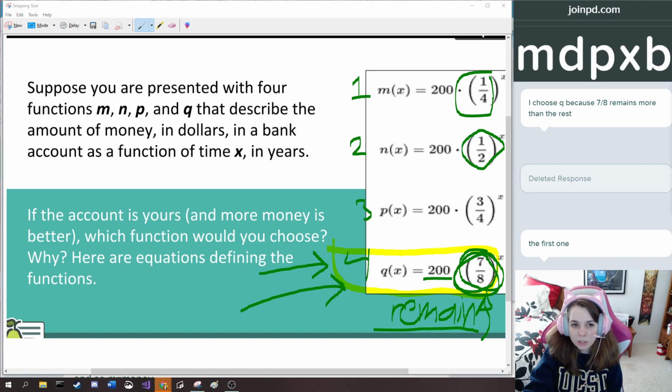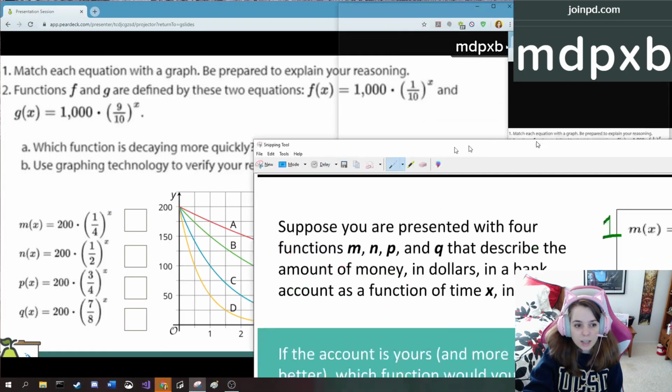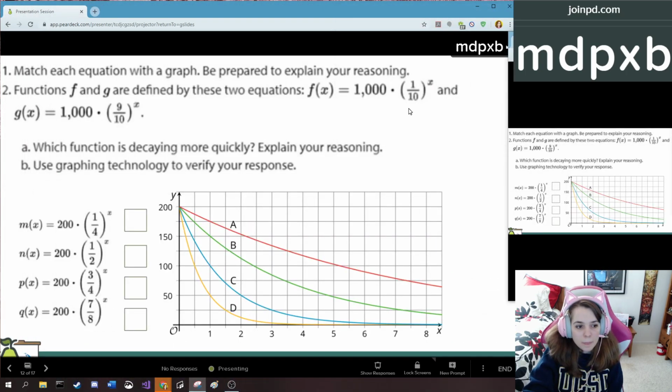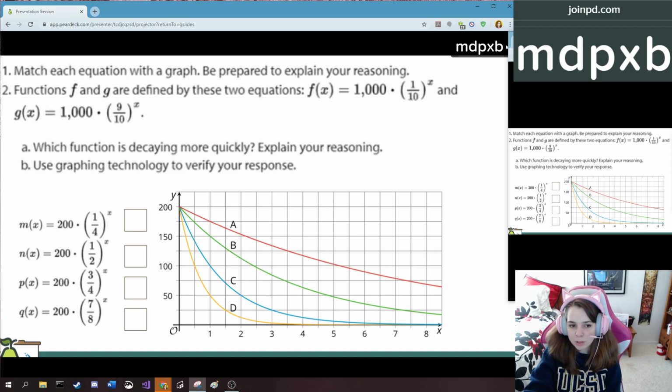So we're going to still look at these equations, but we're going to try and see if we can match them. We know that we want to figure out which of these is going to have the most amount of money remaining as time goes on.